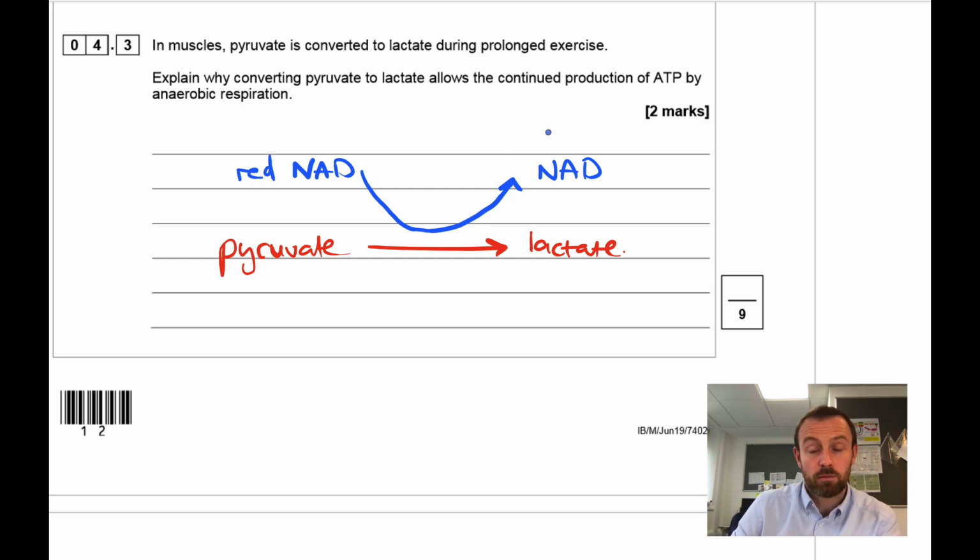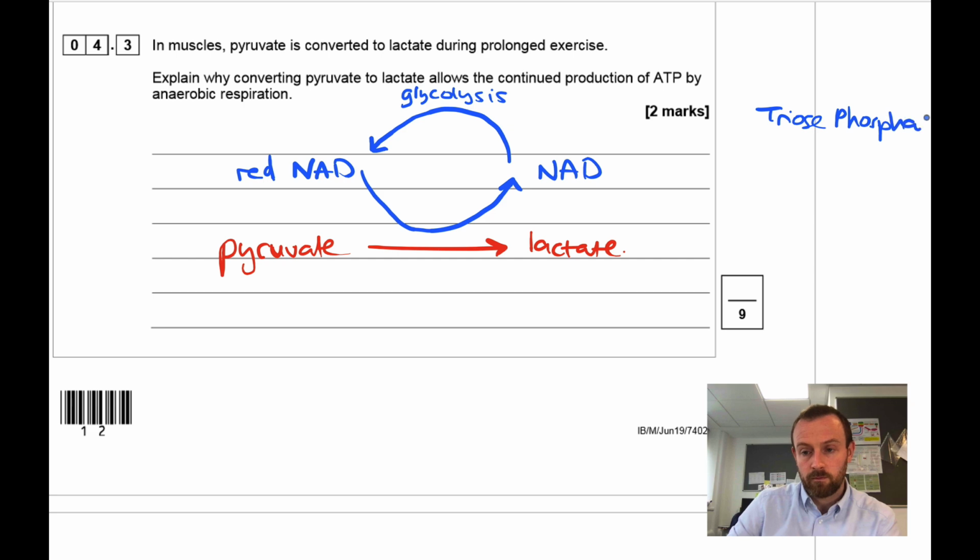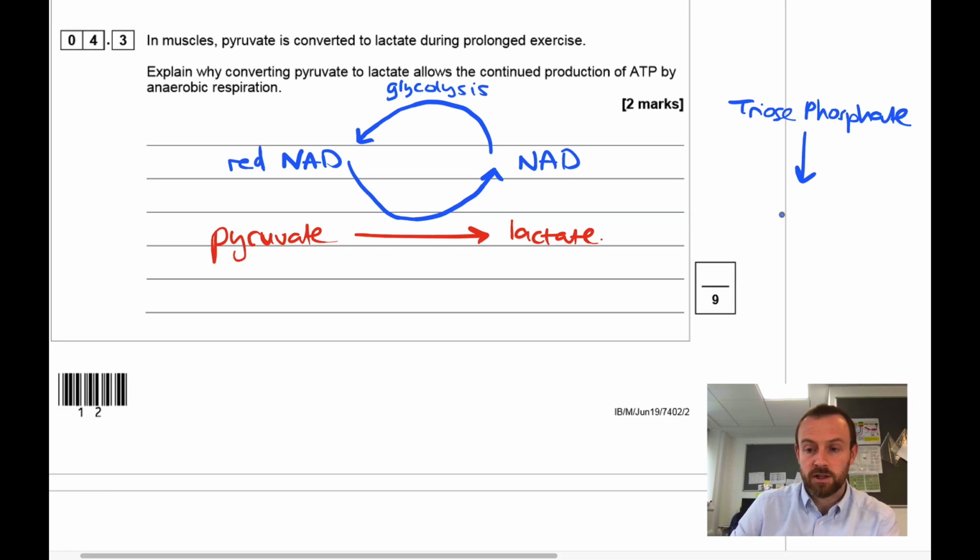That is crucial, because that oxidized NAD is needed for glycolysis. So glycolysis, which does produce ATP, needs NAD, in the final stages of glycolysis when triose phosphate is converted into pyruvate.